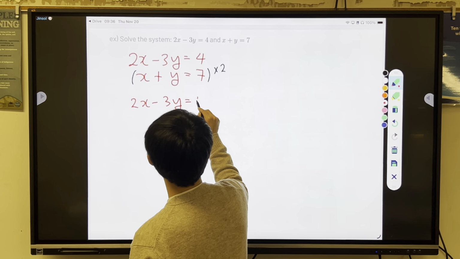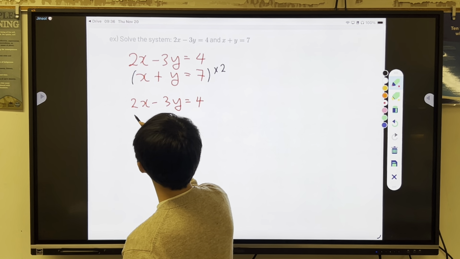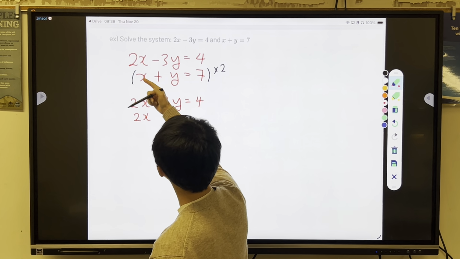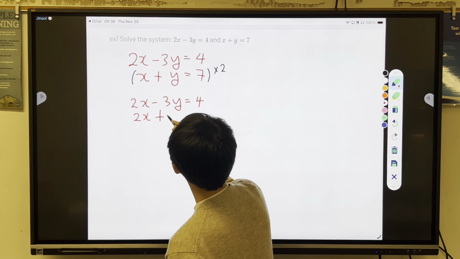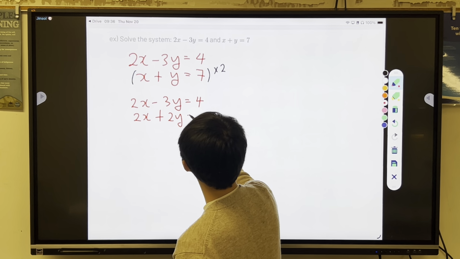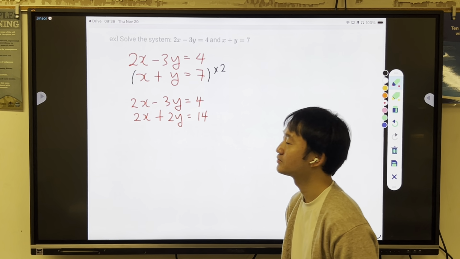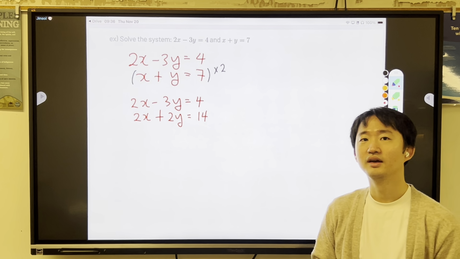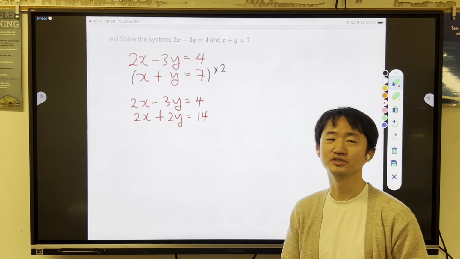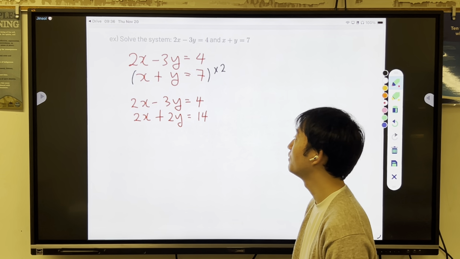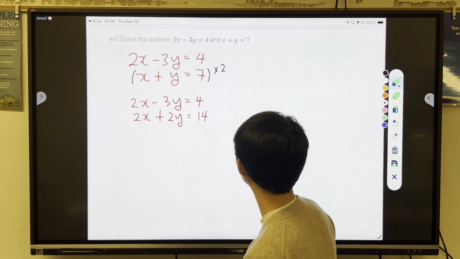I rewrite the first equation as it is, but the second equation I can write as 2 times x is 2x, 2 times y is 2y, 2 times 7 is 14.